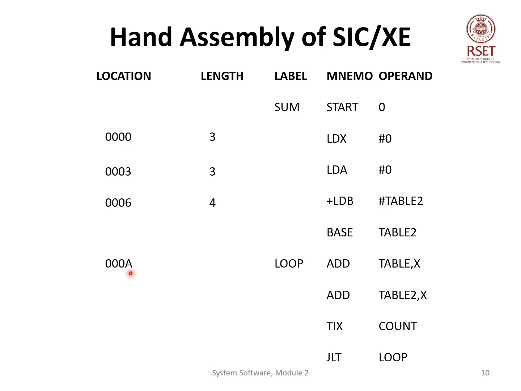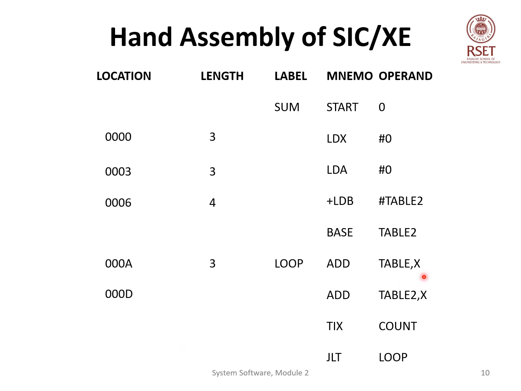Because it is hexadecimal. When we add 6 plus 4, we get 10, but do not write 0010. It is wrong. Instead, you have to write 000A. Then ADD TABLE,X has length 3 bytes. So the next instruction is A, B, C. The next one is D.